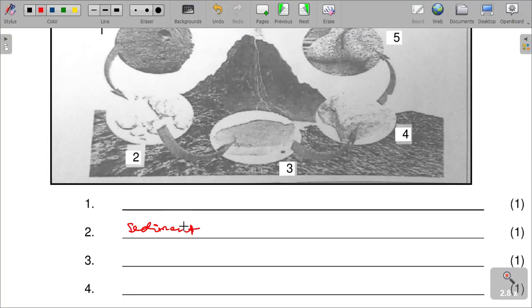Then at 3, the sediments are now forming sedimentary rock. And then at 4, we can talk about the metamorphic rock.